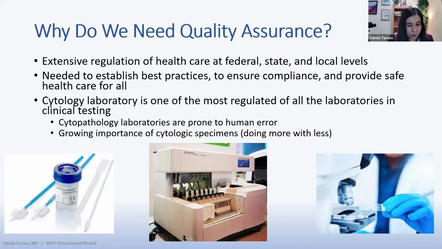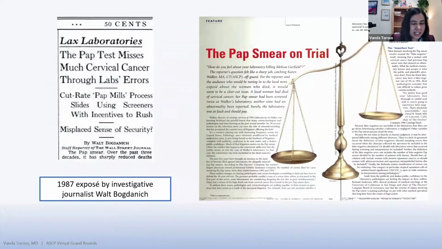Now, we have to understand what happens if these standards aren't in place. And so we do have historical examples of what happens when we don't follow these or if we don't have standards. Now, this is an example that you may see in other quality assurance and improvement talks because it is so integral to our history. So in the 1980s, there was a lot of media attention to the issue of false negative PAPs.